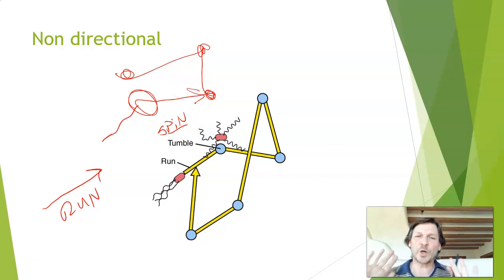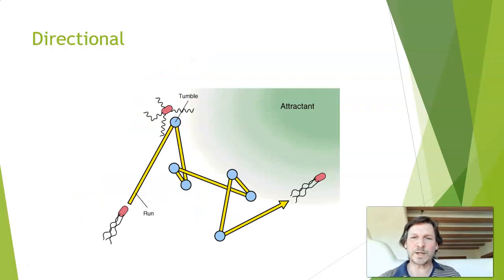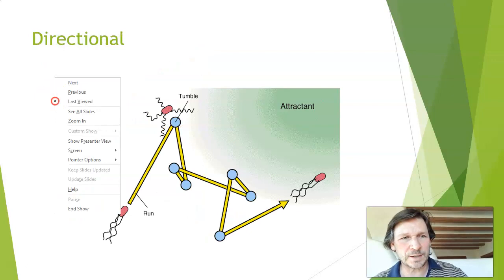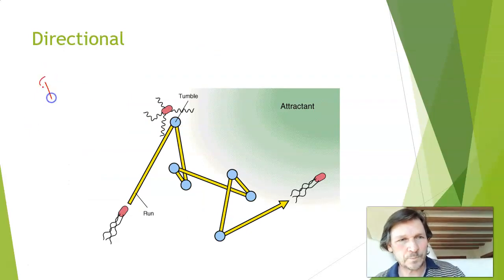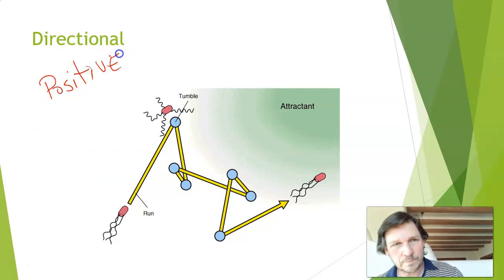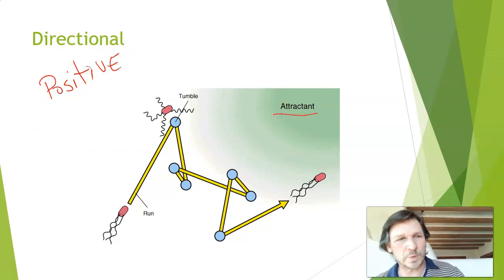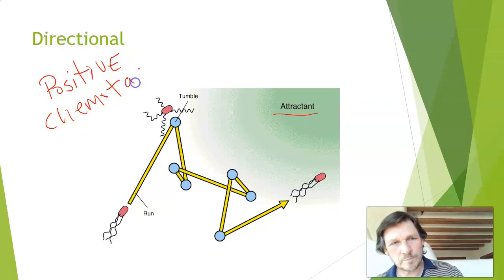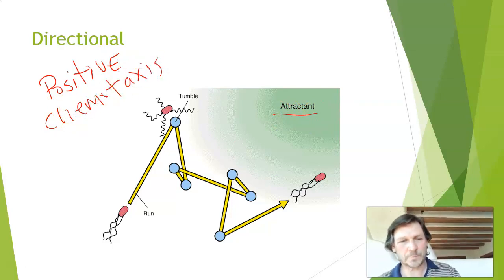And often after the tumble, it will be moving in a different direction. And so if there's no stimulus, it will simply randomly move throughout the media. But if it's directional, and in this case this will be positive, and here's an attractant, so that would be chemotaxis.